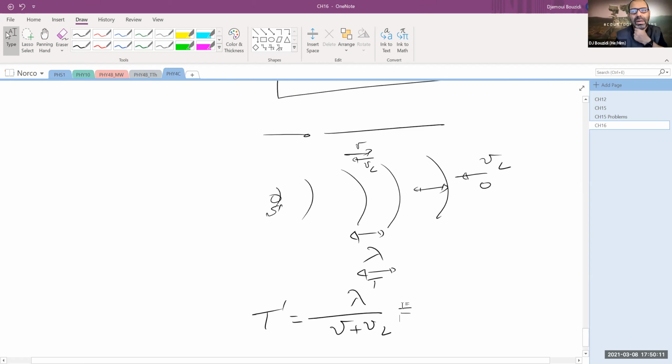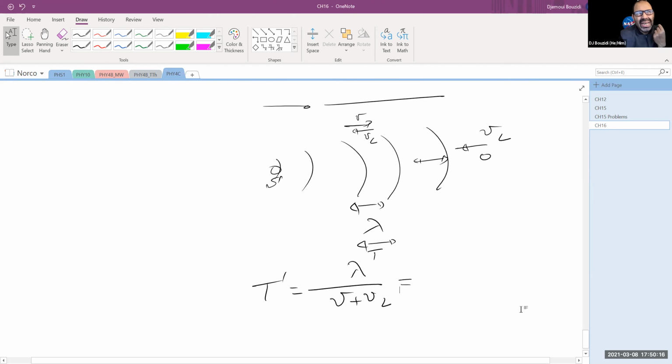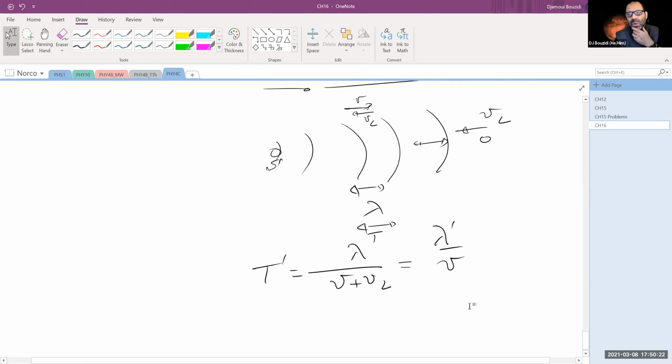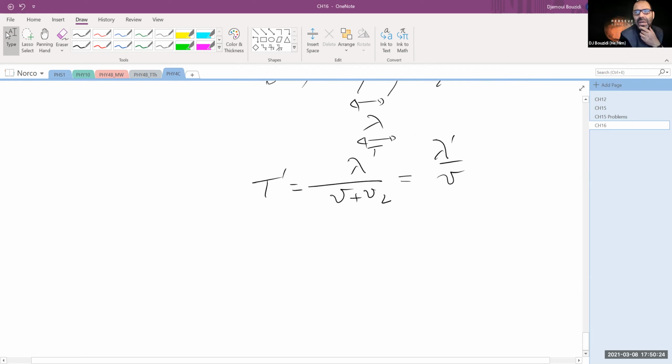In terms of distance, the way I perceive it, the wavelength is not really lambda, but it looks like lambda prime over v, okay? Again, if I work out my algebra for lambda prime times v, lambda prime is going to be v over v plus vL times lambda.